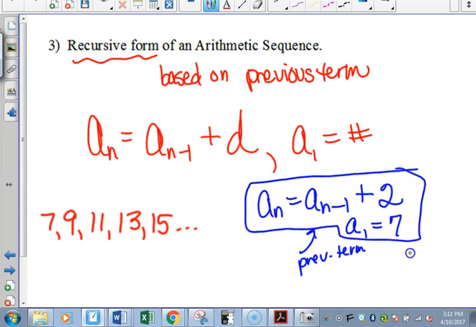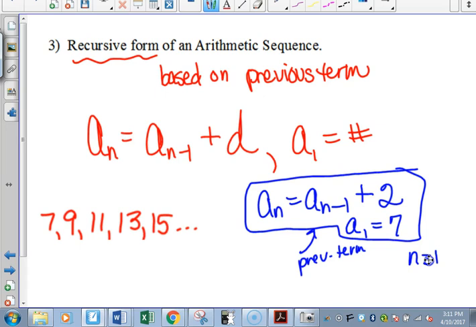Now, sometimes your book will write things like n has to be greater than or equal to 1 because you can't start with a negative term number, and so on. I'm not going to make you write that. This is a great, easy form if you want to know term 2, maybe even term 3. Or if you just want to know the difference or the first term, right?